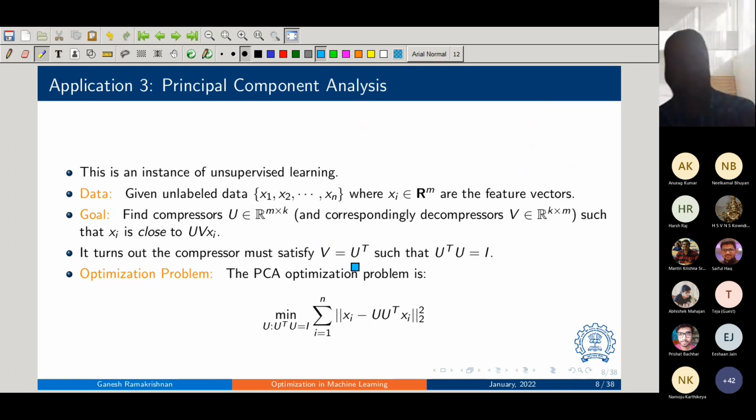Under this, the PCA optimization, principal component analysis optimization problem is exactly this: you have xi minus UU transpose xi, the whole norm square, to be minimized. Note the slight difference here: U transpose U is I, which basically says that each ui has norm 1.